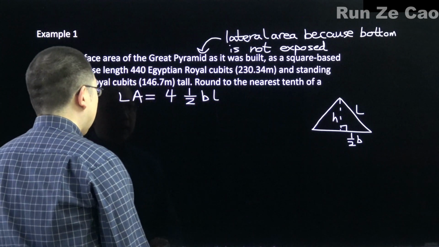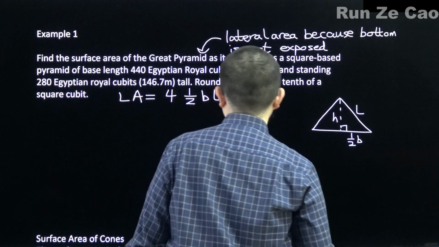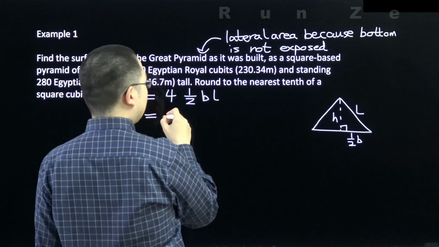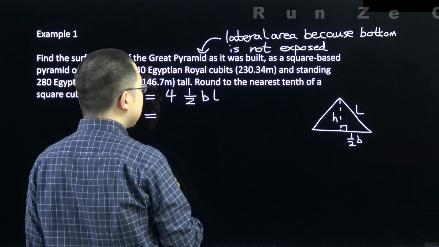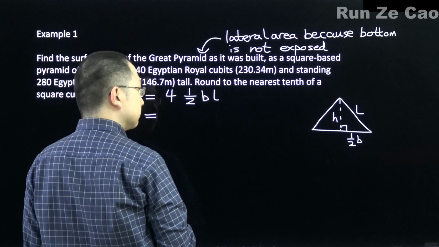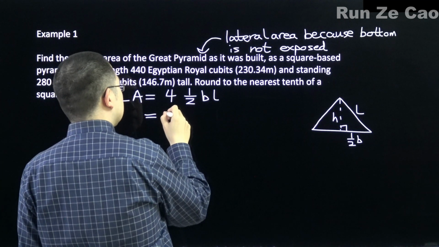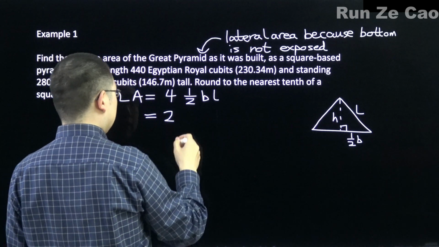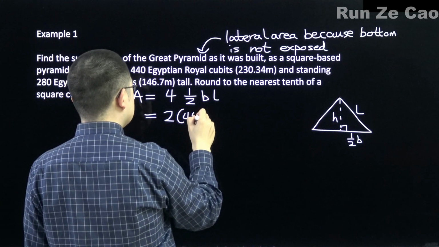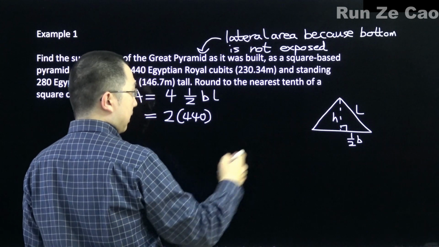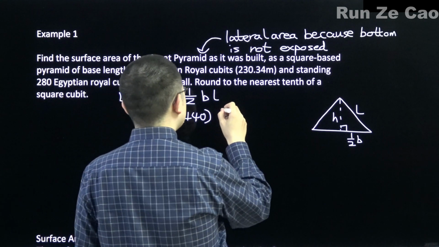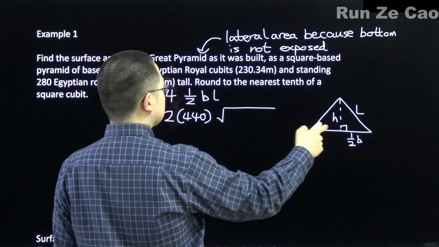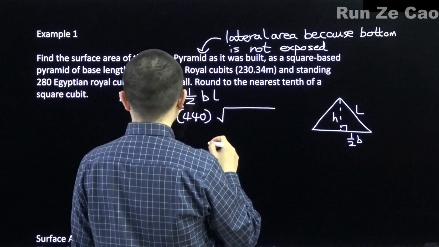We gotta use Pythagorean theorem and find L. Lateral area is 2 times the base that we're gonna be dealing with, the base length, times 440, and length there is going to be the square root of height squared plus 1/2 of base squared.